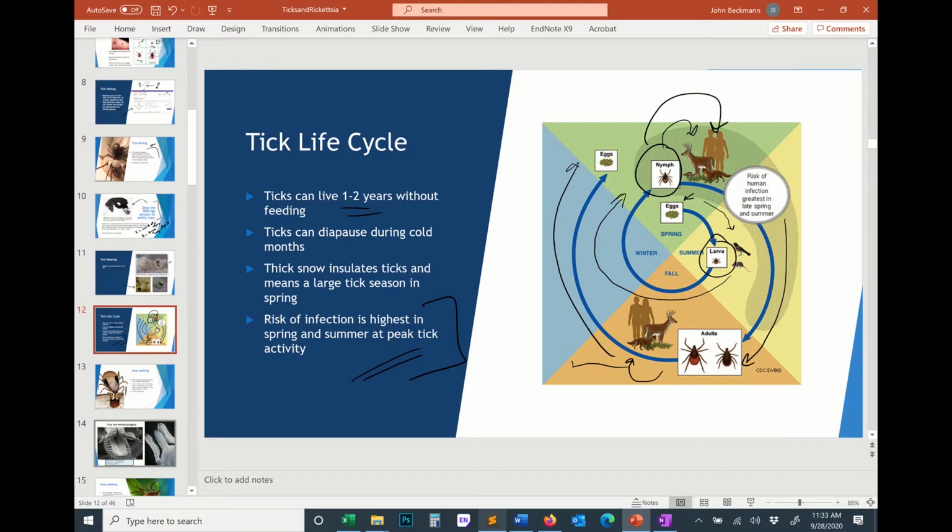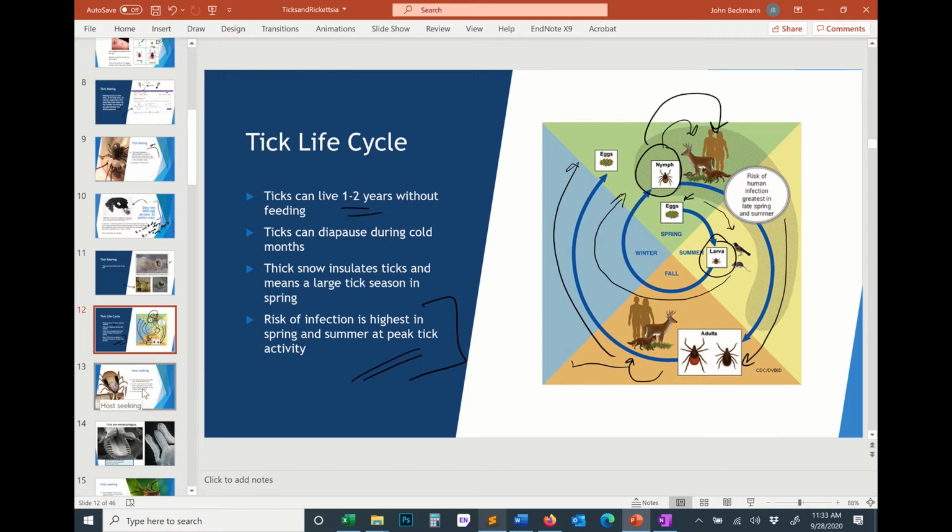So that's a sure sign of a tick-borne disease, because that's when the nymphs are out questing, looking for that blood meal. Whereas in the fall or the summer, the nymphs aren't doing that anymore, or especially in the winter. So if you see a disease that pops up in the spring periodically, yearly, that's a sure sign of something like a tick-borne disease. So that's one of the reasons they originally discovered Lyme disease.